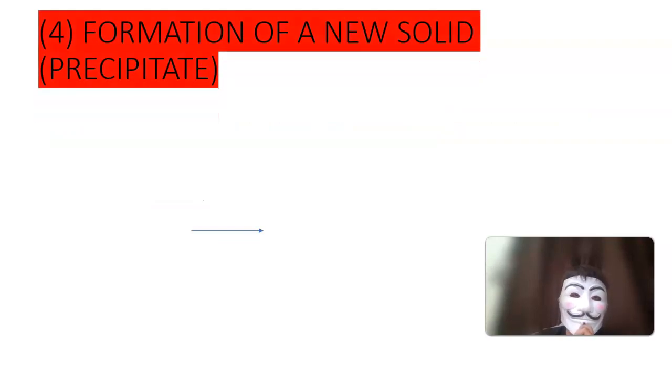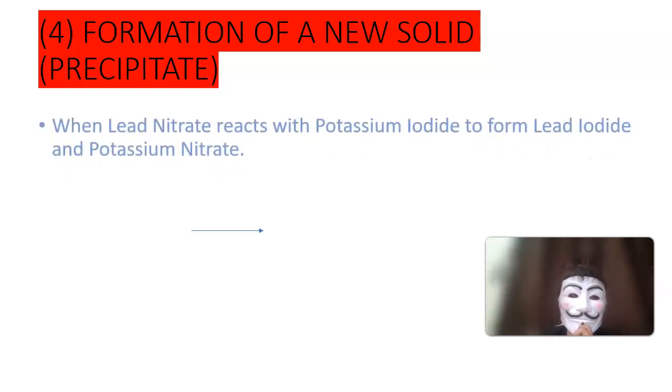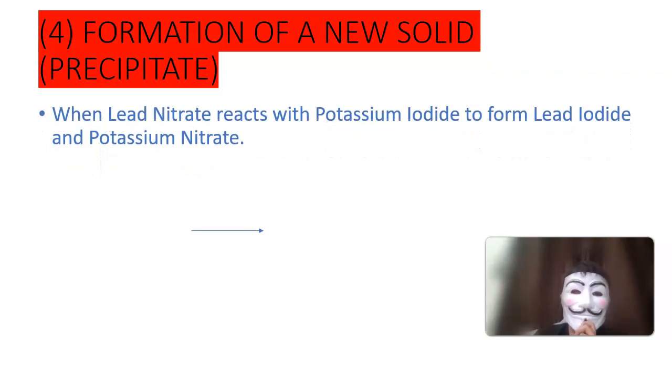Another topic, number 4, formation of a new solid, precipitate. So first of all, just know from the heading, formation of a new solid is also known as precipitate. It's a short word. So let's see. Here lead nitrate reacts with potassium iodide to form lead iodide and potassium nitrate.